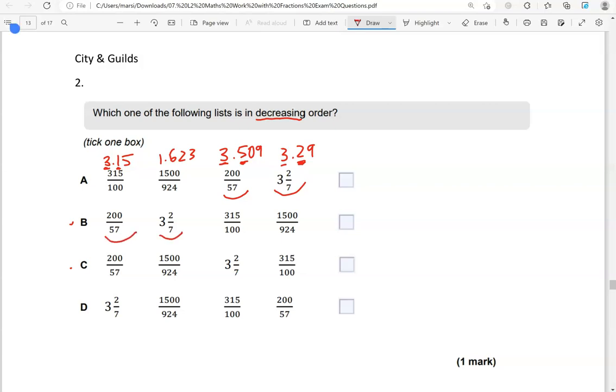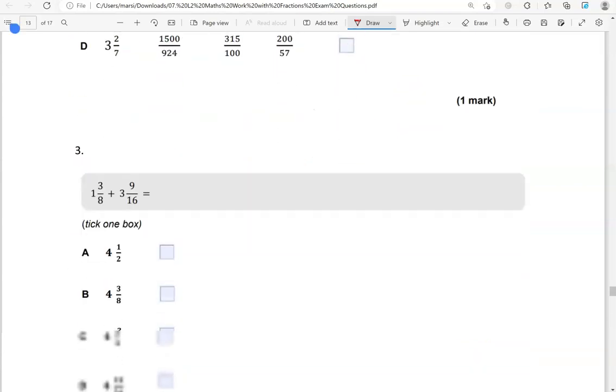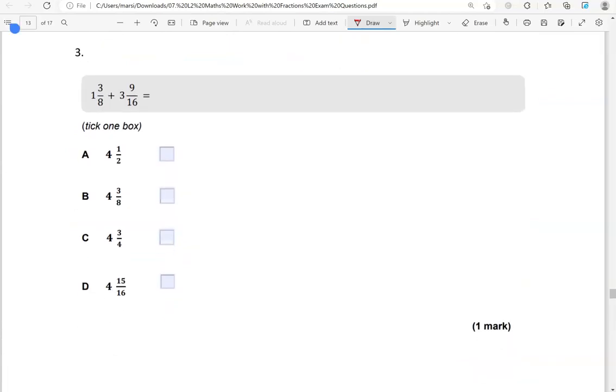And then we have this one being the third, and this one being the last one. So B has them in the correct order, from the largest to the smallest.